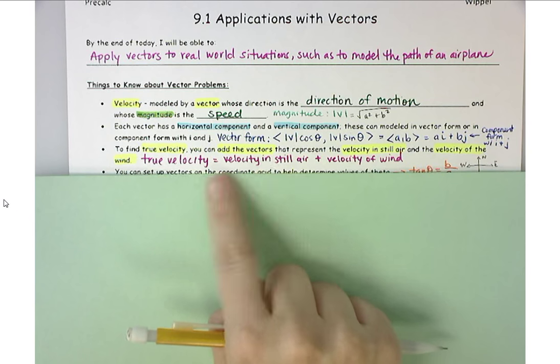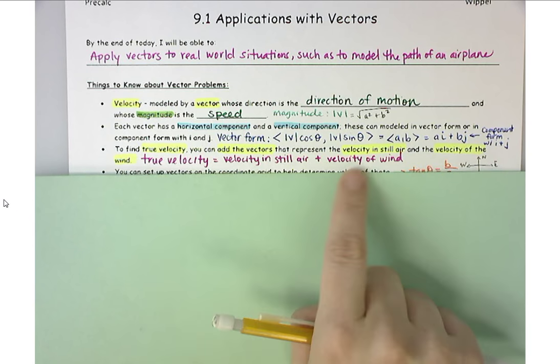Now for different situations, we might have something different for the wind. We are going to be doing a lot of airplanes today, but tomorrow we'll also talk about some boats and some swimmers. So instead of the wind, it would be the velocity of what? Water. Yeah, the water, the current, the ocean, whatever we have.